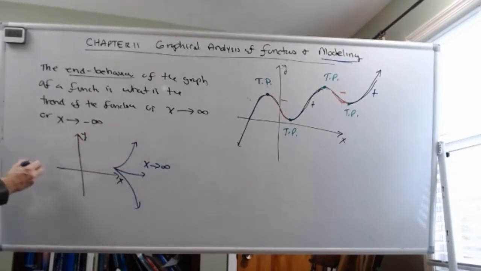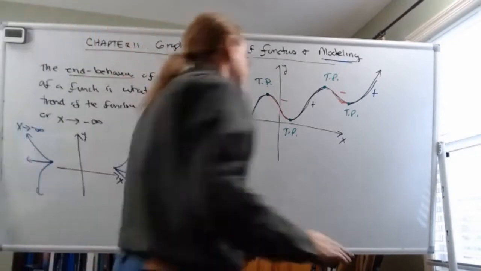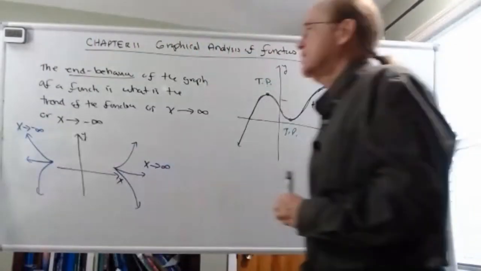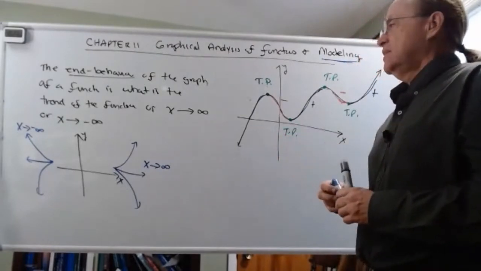Or at this end as well. Over here, as I go this way, does the function go upwards? Does it go downwards? And this is as x goes to negative infinity. Those are the two extreme ends of our function's graph. It's related to the graph of the function. So that's what we mean by end behavior.